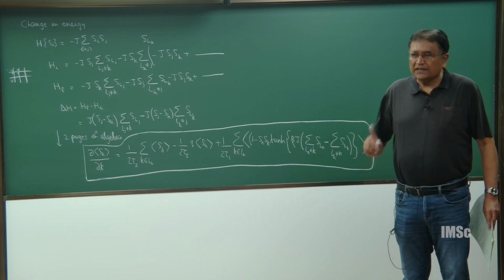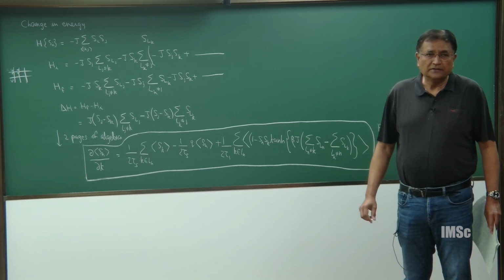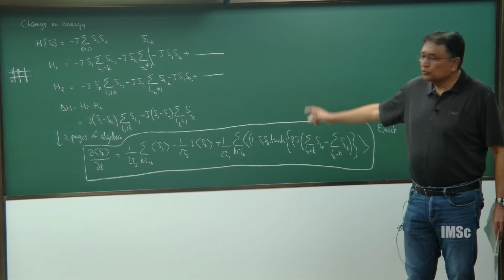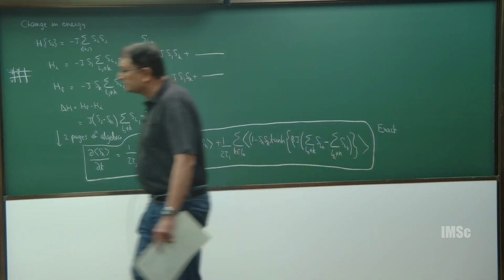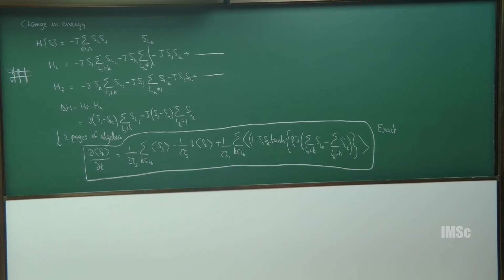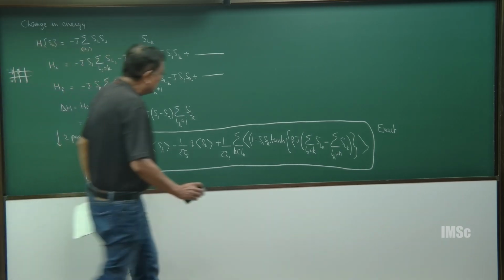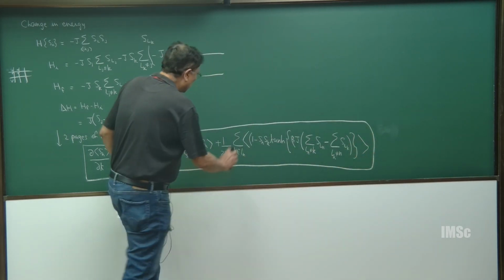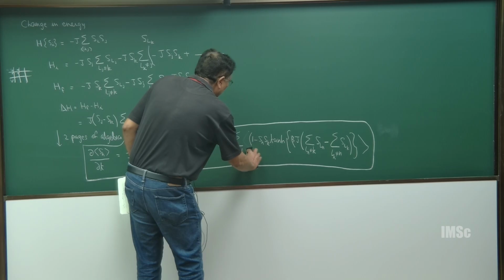Any other questions at this point? I hope you'll be able to do this algebra out in your hostel rooms. Let me then just bring this calculation to a closure. Let me remove the exact from here. Let me remove the expectation value from here.